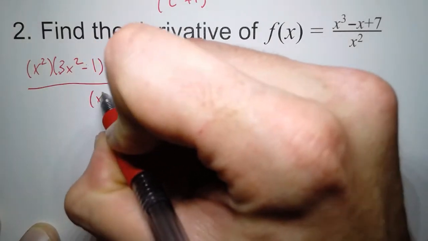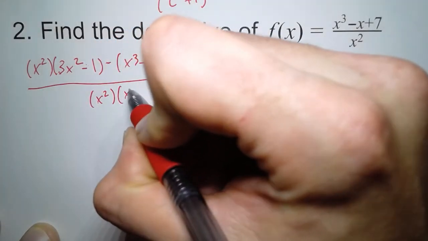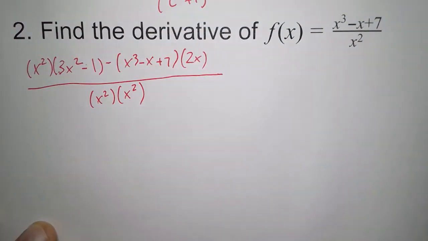So that's the denominator times itself. Alright, so let's simplify this.